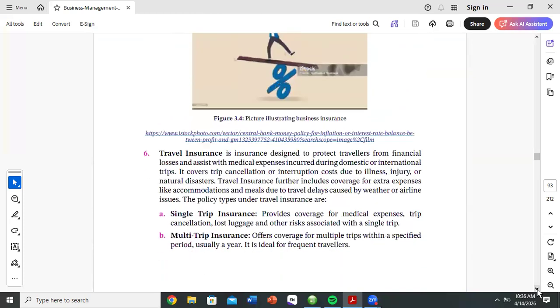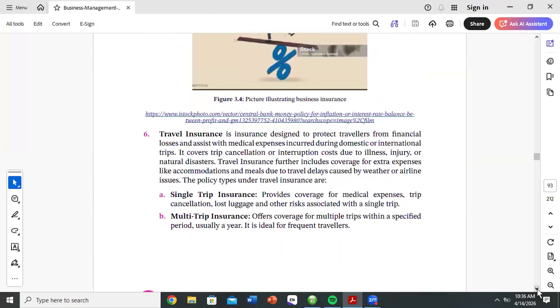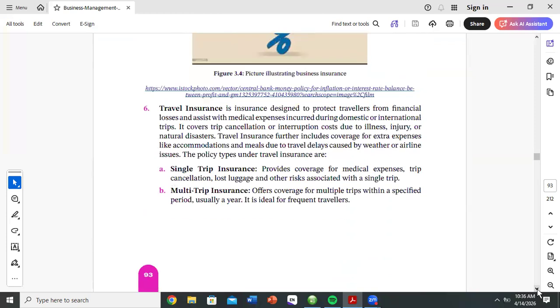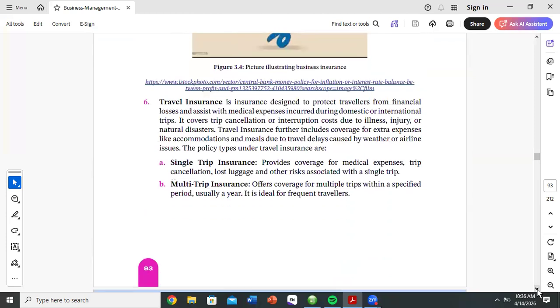The last one is the travel insurance. If you want to travel, you have to get insurance. So we have single trip insurance and multiple trip insurance. I think they're self-explanatory. Single trip means you are going for just one one-off trip, maybe to Dubai. But if it is multiple, it means you are somebody who frequently goes up and down like that.